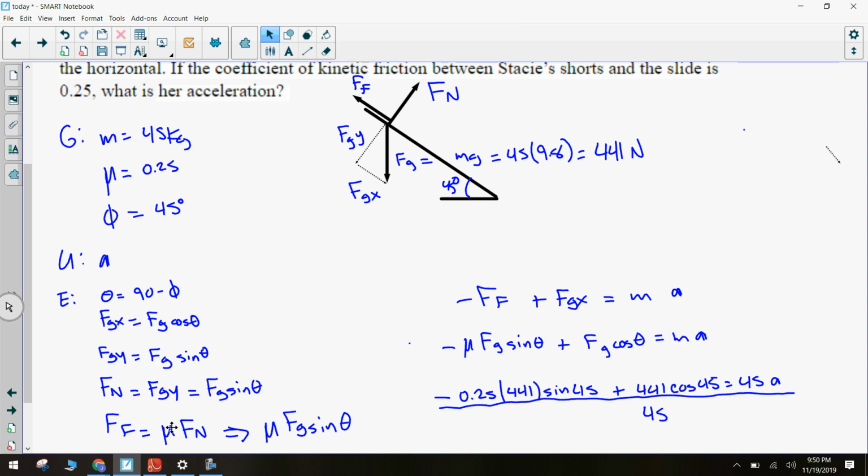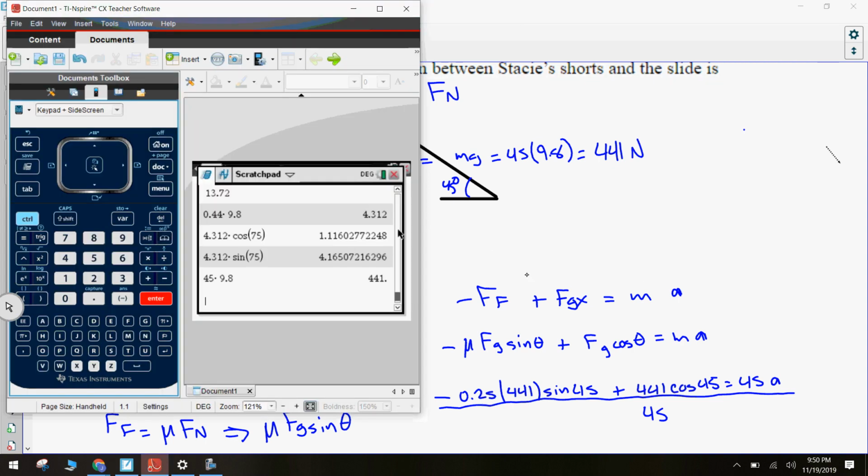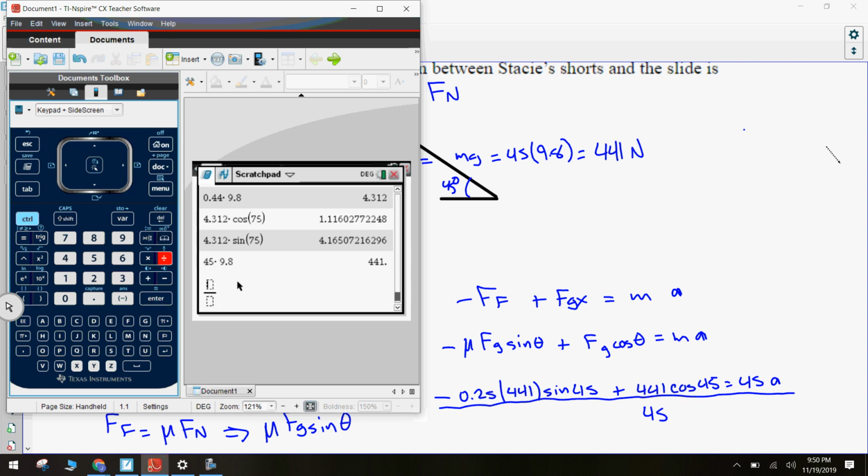This means I can put all of this into my calculator at once. To do this correctly, you're going to want to make sure to use the magic fraction button. So hit Control Divide. And now we'll type in what's on the top. I've got negative 0.25 times 441 times trig sine 45.